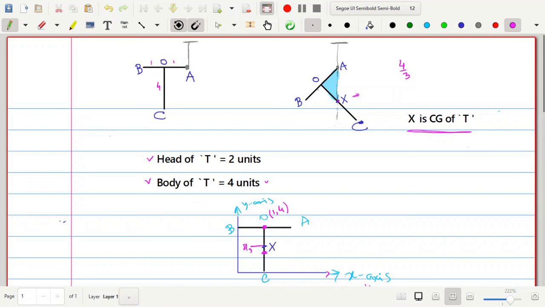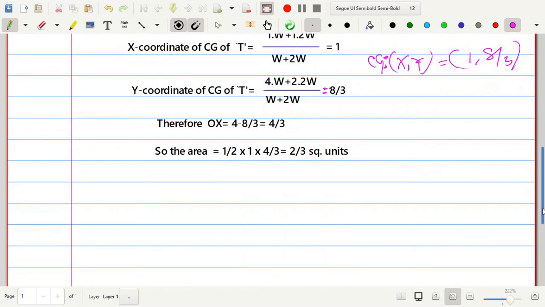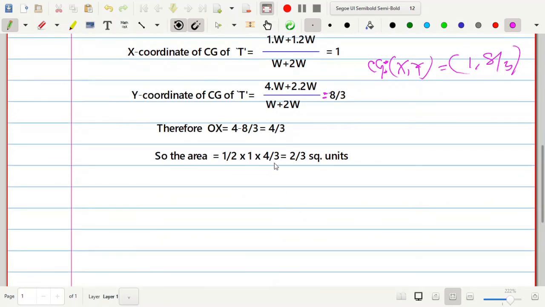This OX is 4 by 3, and this thing was 1 unit. Then what is the area? The area is half times base times height, which is half times 1 times 4 by 3, which is 2 by 3, in square units. So the area of the triangle is this.